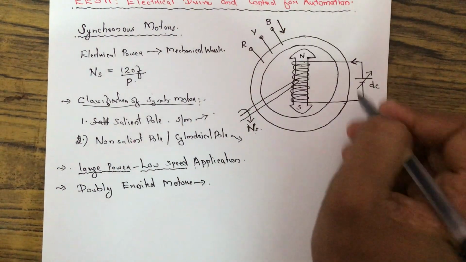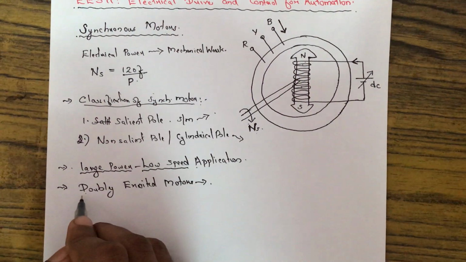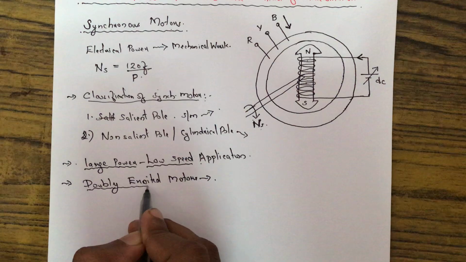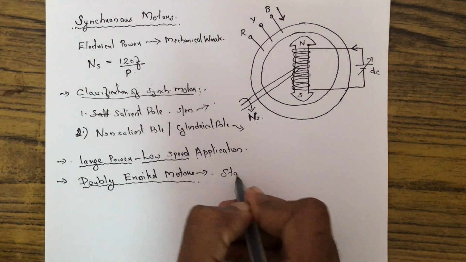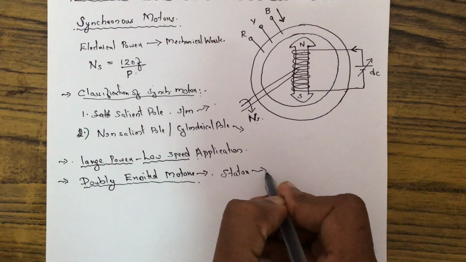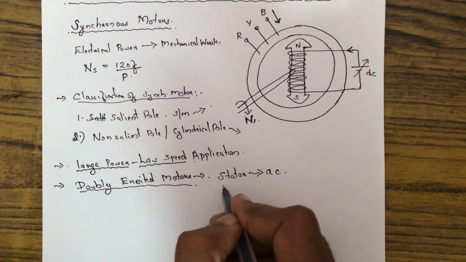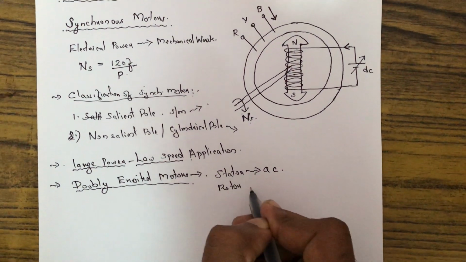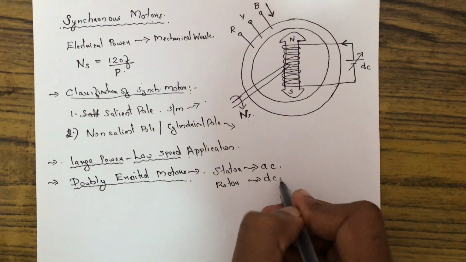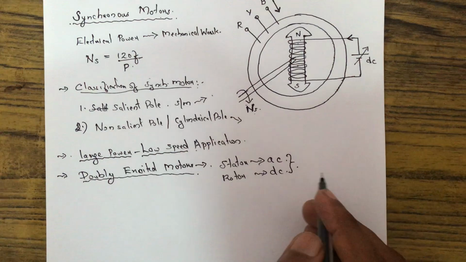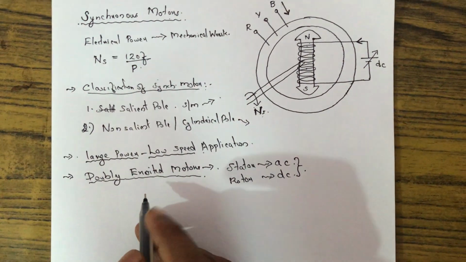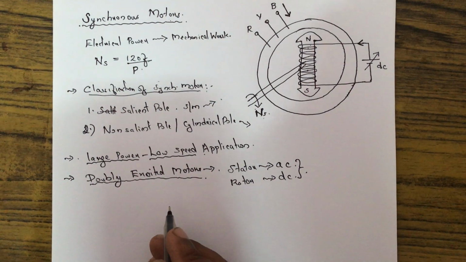So there are two excitations, therefore it is also called a doubly excited motor, because the stator is excited with AC and the rotor is excited with DC.